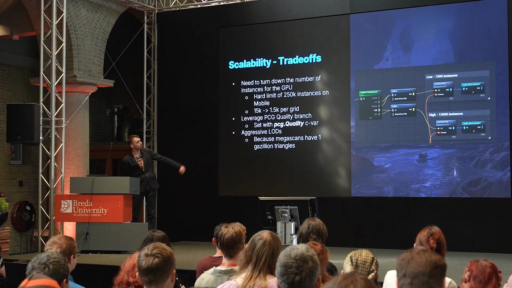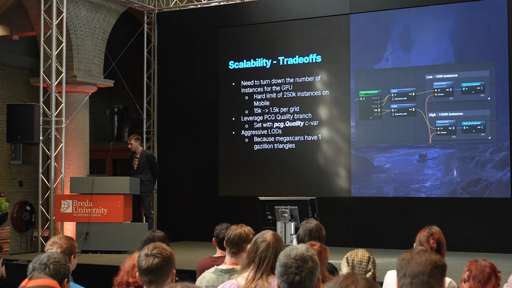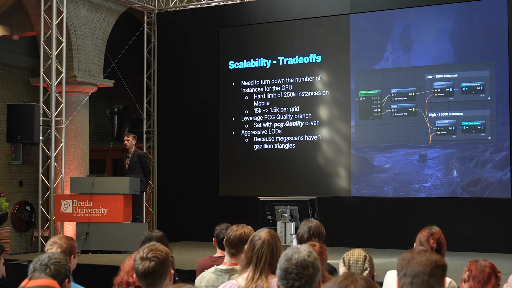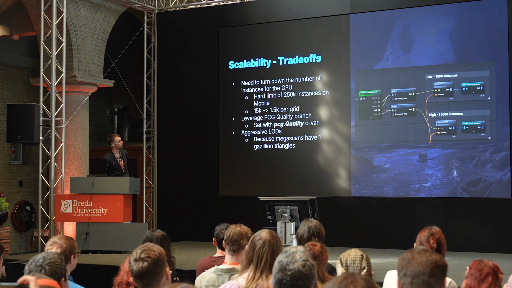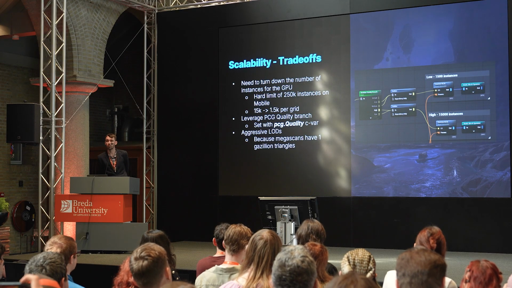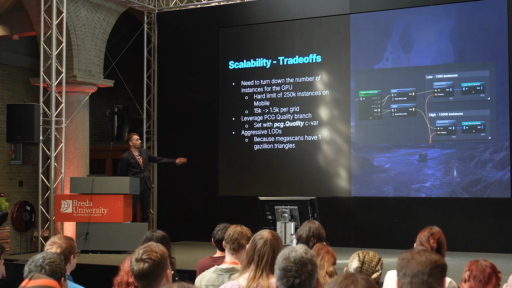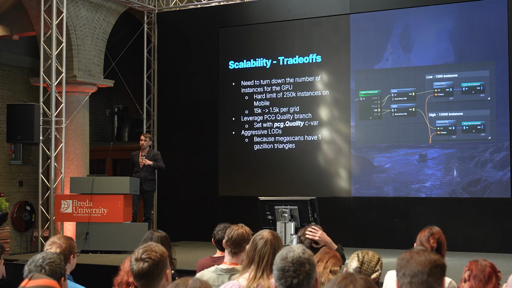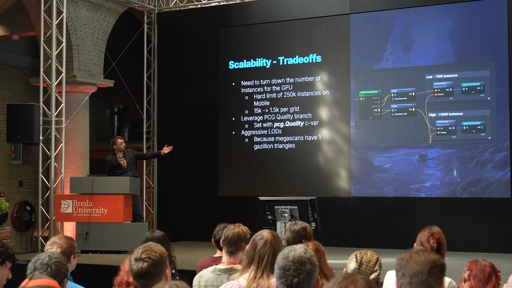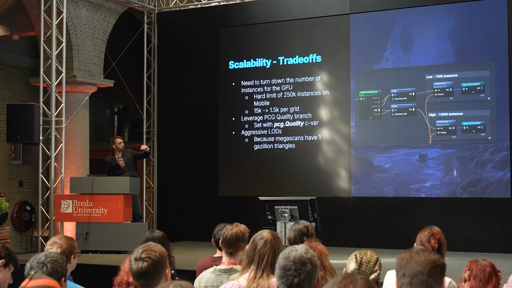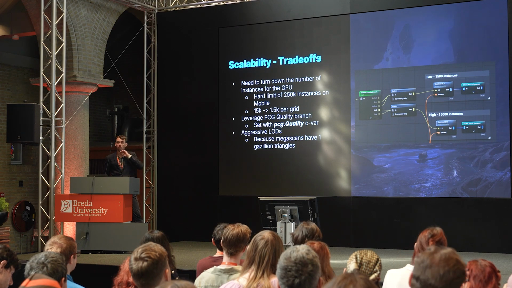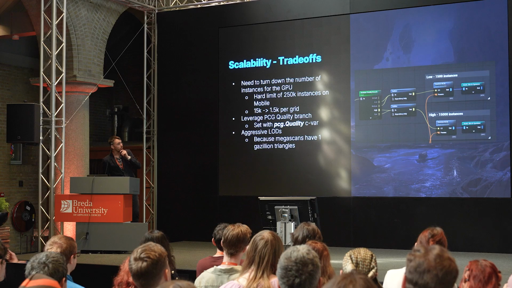You can see on the left, it is controlled by a CVAR. Unfortunately, it's not plugged into the scalability control, but when you set the scalability, you can also set the CVAR. And this is going to execute only the nodes that are downstream. So if you are in low or medium, you can go through my path for a low number of instances, which is 1,500 instances.